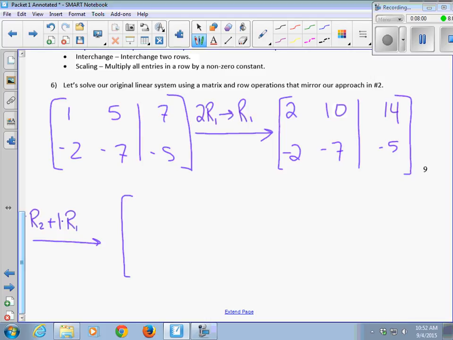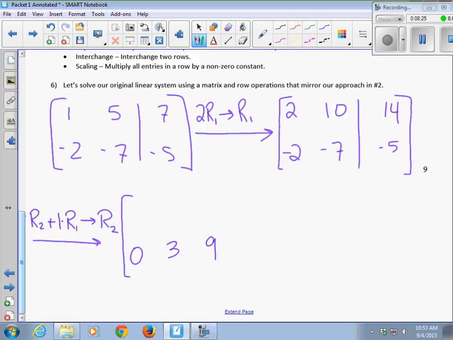So I replace row 2 with row 2 plus 1 times row 1. So -2 plus 2 is 0. -7 plus 10 is 3. -5 plus 14 is 9.